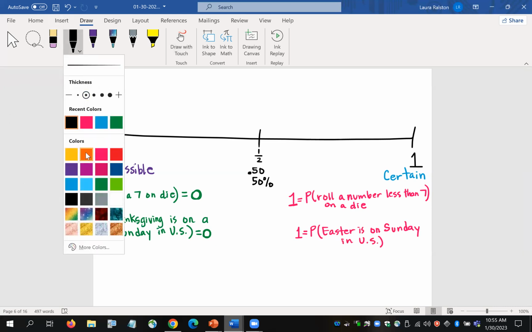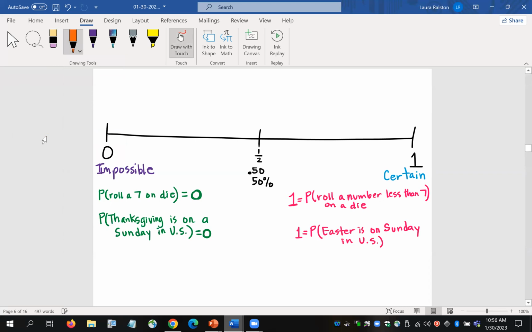Typically, when you're thinking about the measurement of probability, think about it somewhat like a thermometer. If you're at 0, of course, it's impossible. So if you're somewhere close to 0, that particular event is unlikely. But as you move and get higher and closer to 1, the event becomes likely.